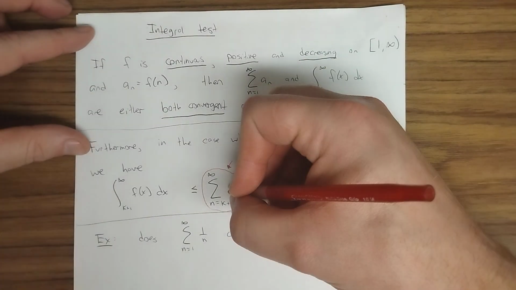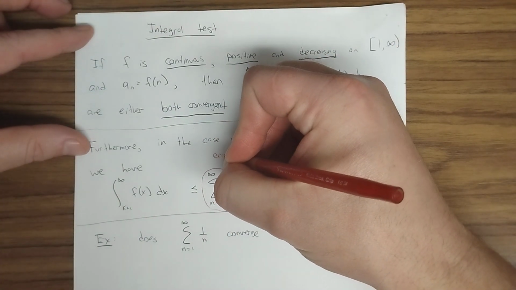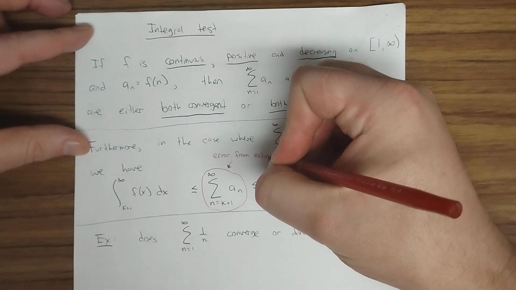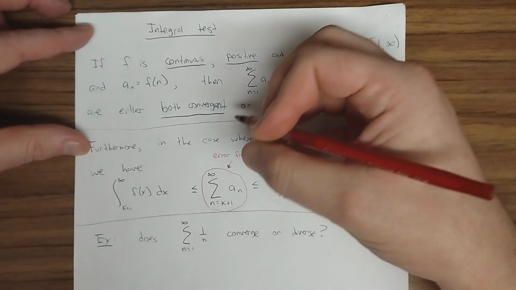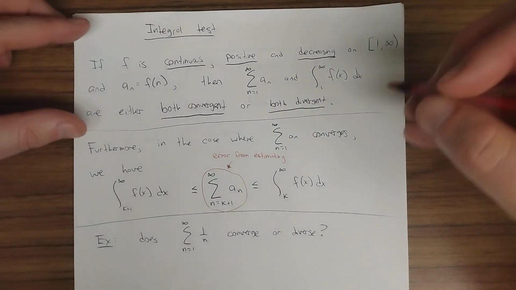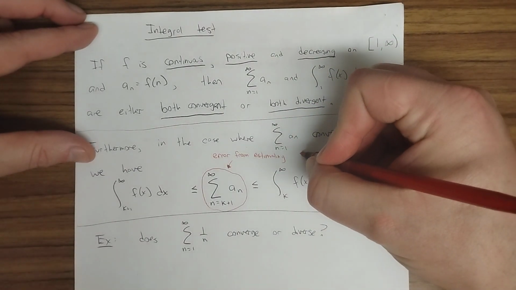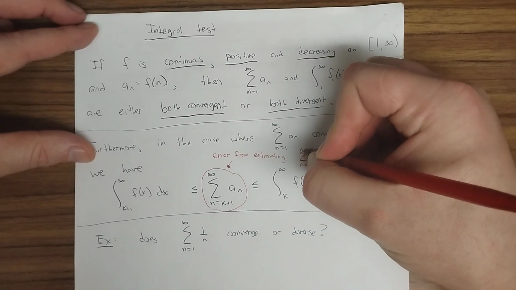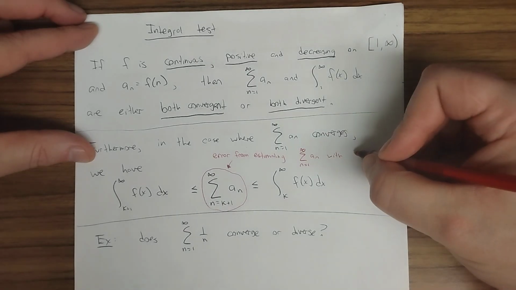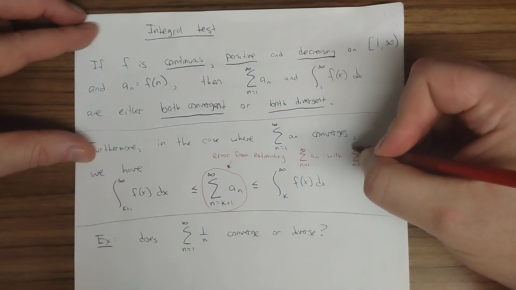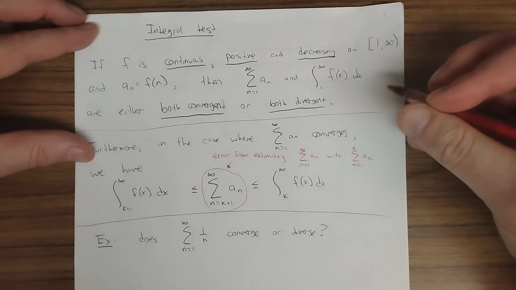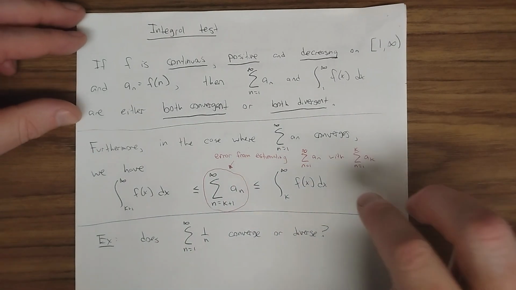So, in other words, this right here is the error if I try to estimate the infinite series with a finite series, more specifically if I'm trying to estimate this infinite series and the estimate that I give is just adding up the first k terms, this is the amount of error in that estimate.